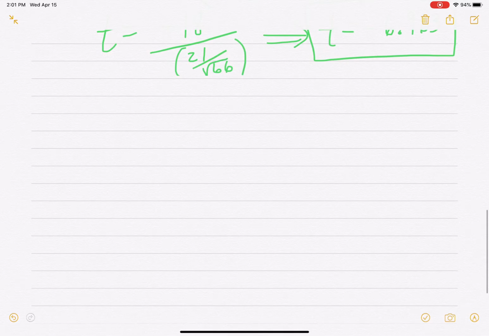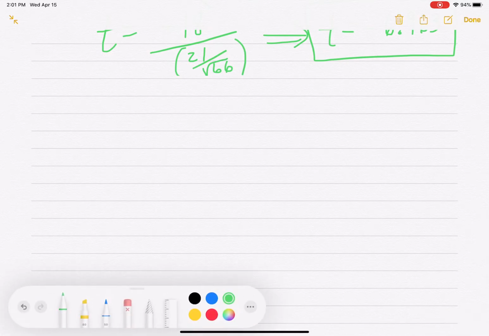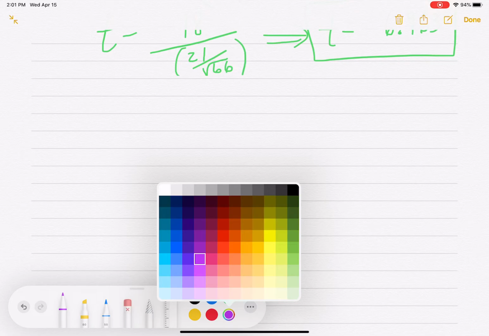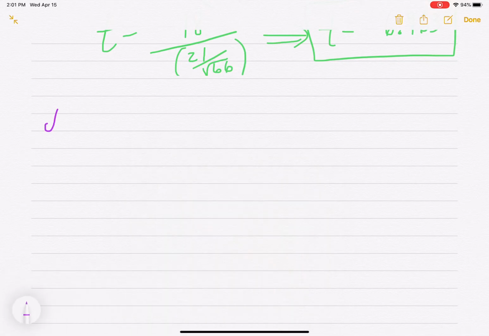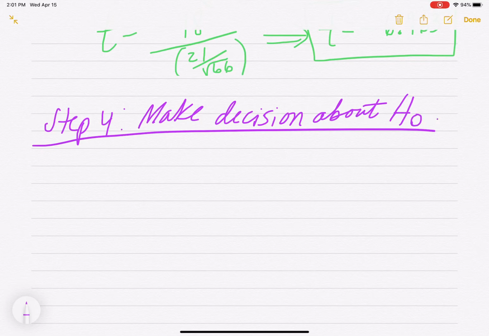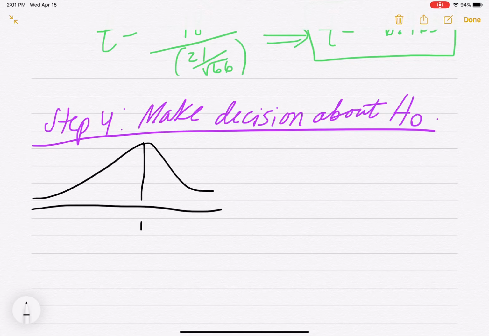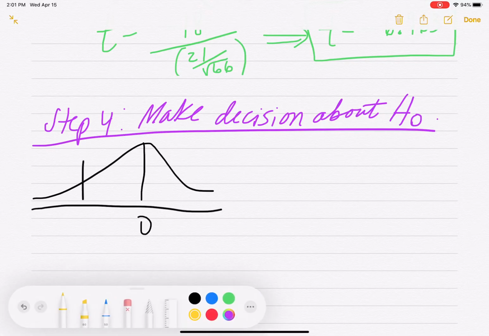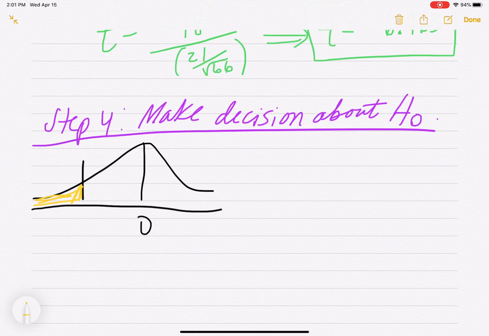Step 4, we're going to make a decision about the null hypothesis. Let's draw a picture of our t distribution. We had a left tail test here. The rejection region we called yellow.